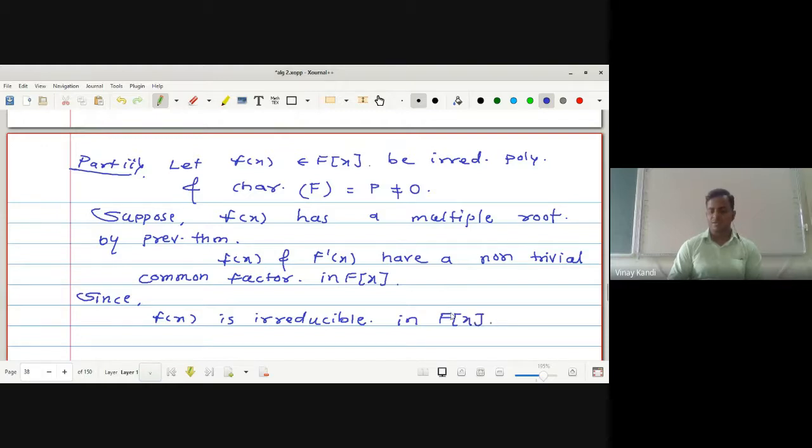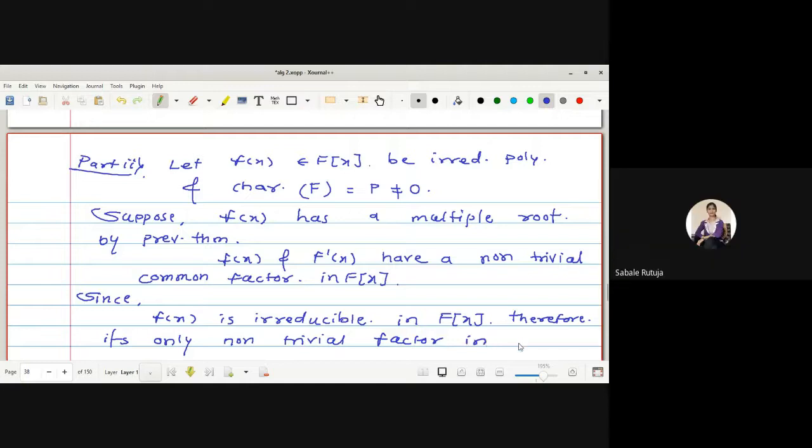Then for the polynomial f of x, its only non-trivial factor in capital F of x is itself, f of x.